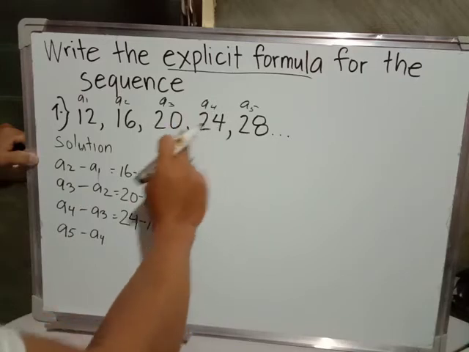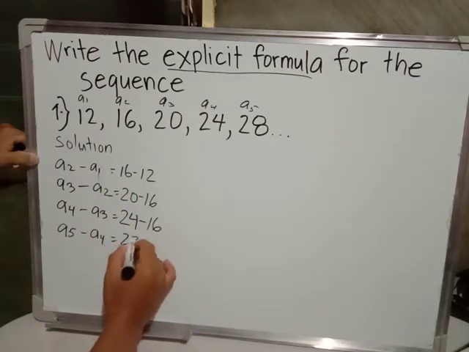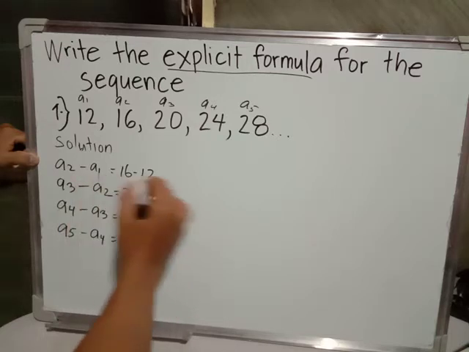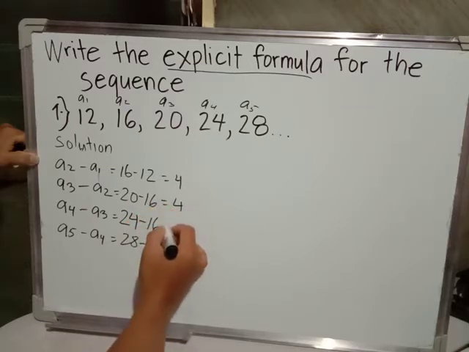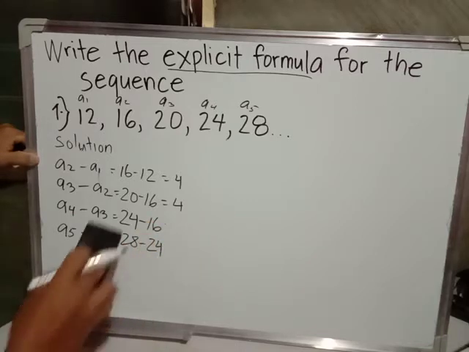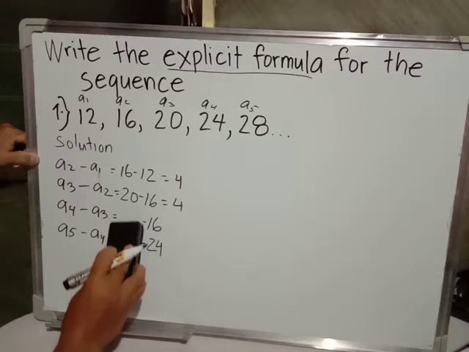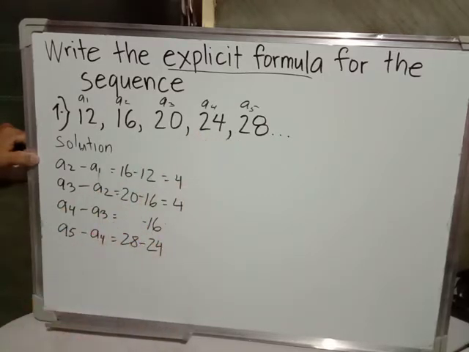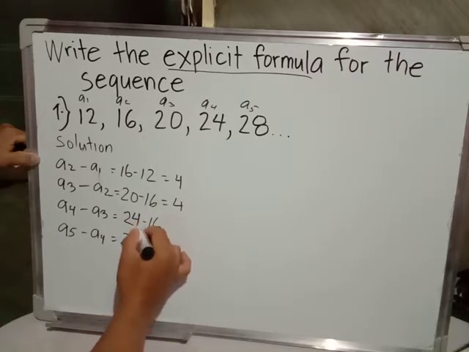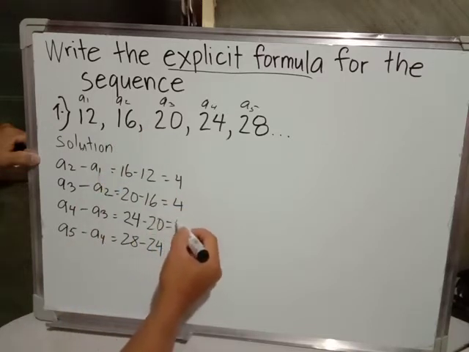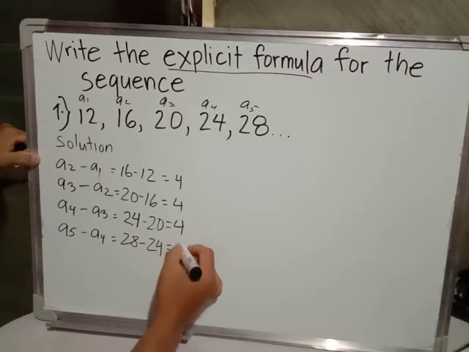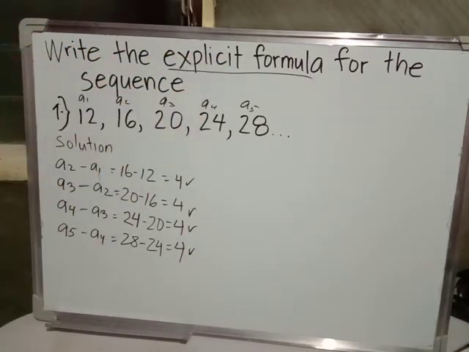Then E5 minus E4 is 28 minus 24. 16 minus 12 equals 4, 20 minus 16 equals 4, 24 minus 20 equals 4, and 28 minus 24 is 4. So, all 4s. So, when the sequence is like this, it is easy to find the explicit formula.